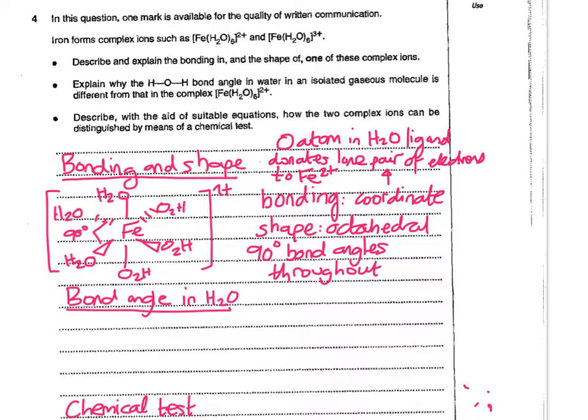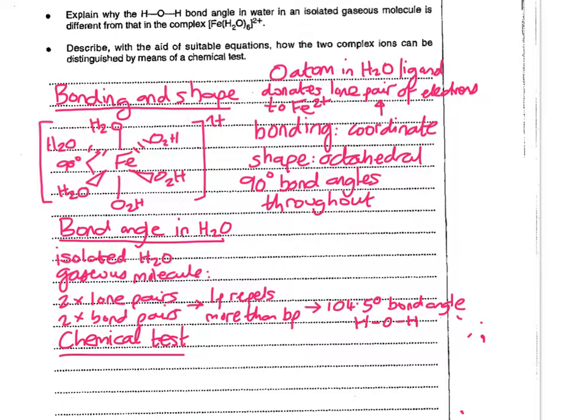So the oxygen atom in the H2O ligand donates a lone pair of electrons to Fe2+. Starting with the isolated gaseous H2O molecule, you do a count of the lone pairs and bond pairs. You state that lone pairs repel more than bond pairs, giving a 104.5 degree bond angle for hydrogen, oxygen, hydrogen.